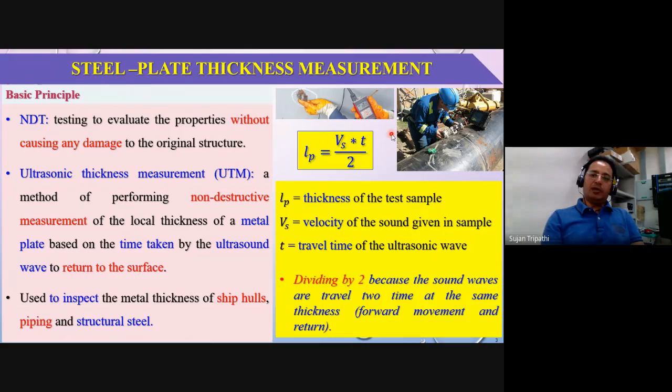Because the wave starts from the surface, goes to the backside, and returns again. So it travels the thickness 2 times, and we divide by 2 to get the actual thickness. These relations are used by the device to display the actual thickness of the plate during measurement.